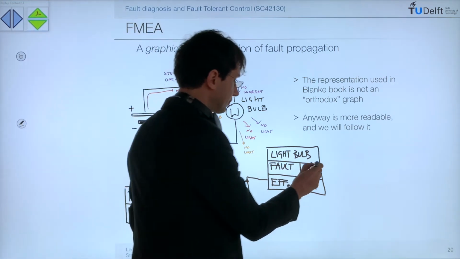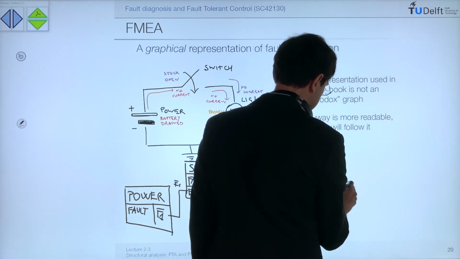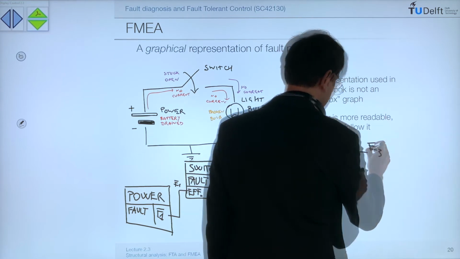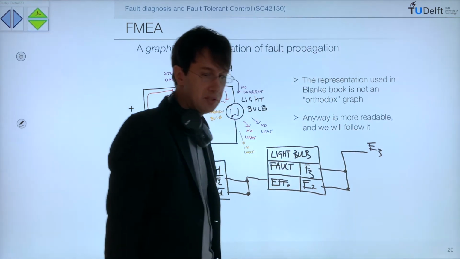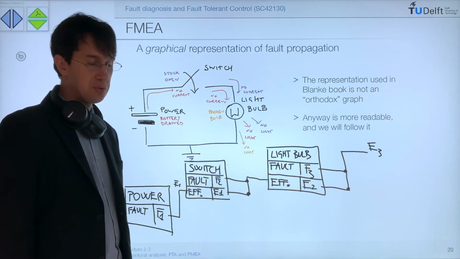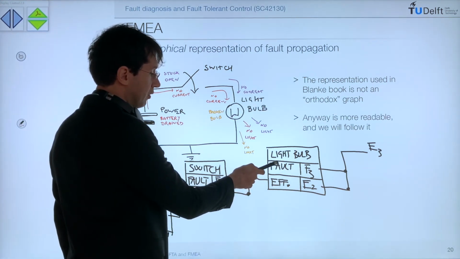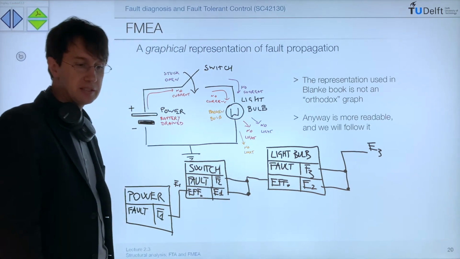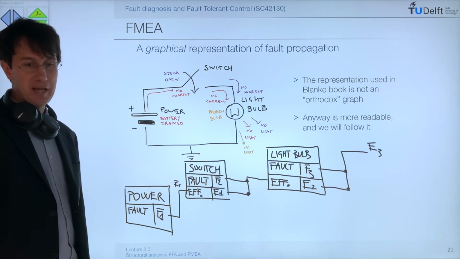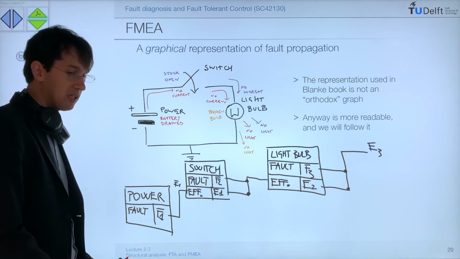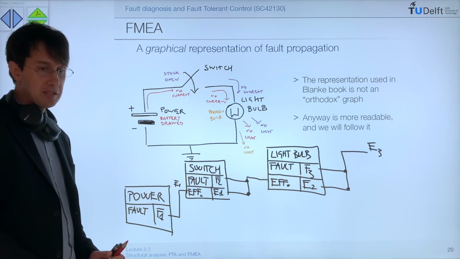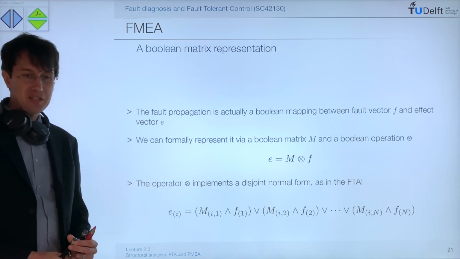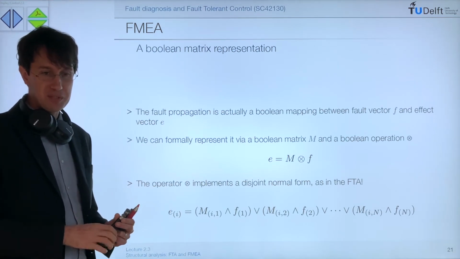And finally, we have one last effect, E3, that represents no light out of the light bulb, and this can be due to both a fault at the light bulb level or an effect propagated from the lower levels. So this is a way to denote it using the notation in Blanke's book, and this is the one we're going to use.